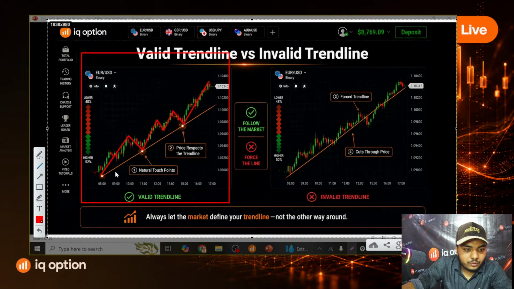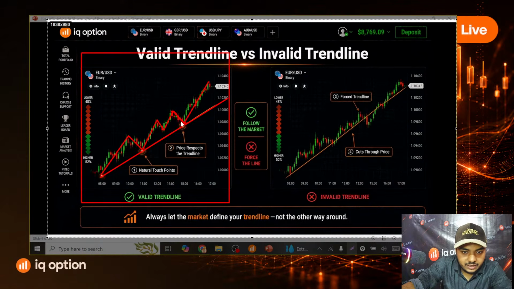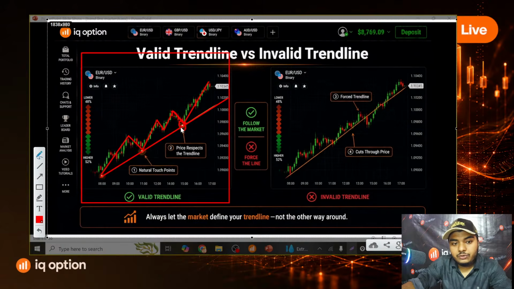We draw from our first higher low to the second higher low, and then we leave it. After some time, the market came to your trend line area, and from that exact area, the market respected your trend line and bounced back in the upward direction.